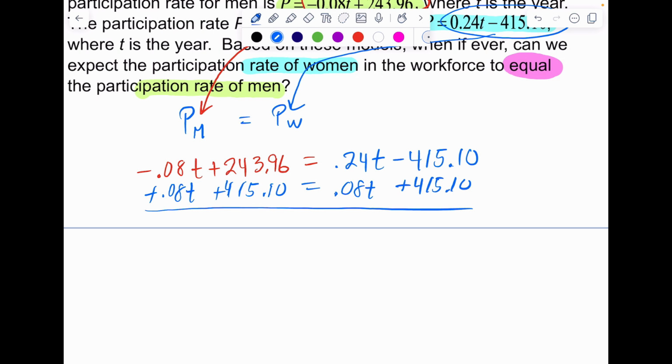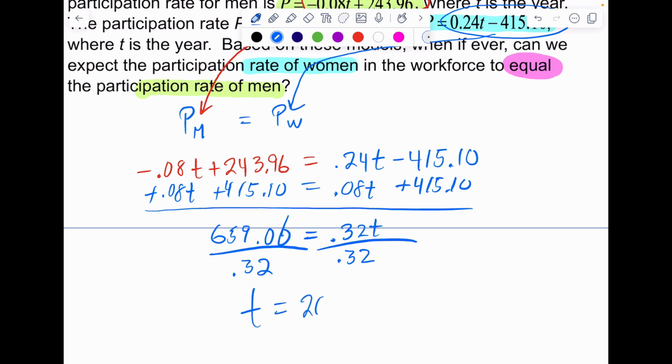And that's going to give me 659.06, and that is equal to 0.32 T. Divided by 0.32 to cancel multiplication, and that is going to give me T equals 2059.56, and we are looking for a year.